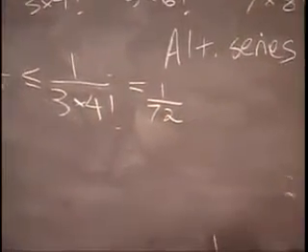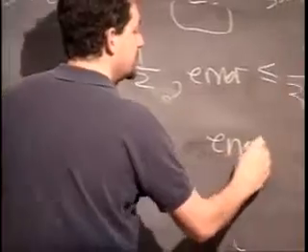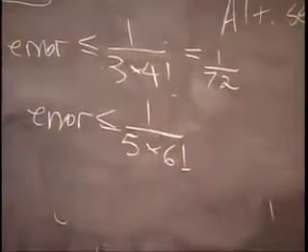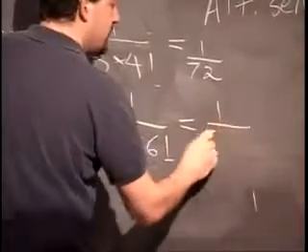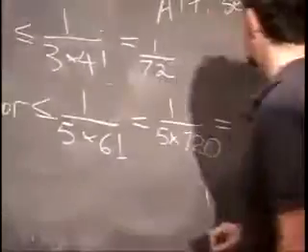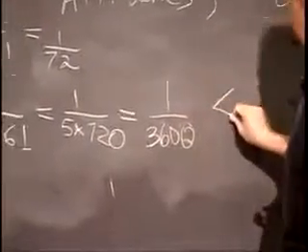Or we could use 1/2 minus 1 over 72 with an error less than or equal to 1 over 5 times 6 factorial, which is the next term. That is 1 over 5 times 720, which is equal to 1 over 3600, which is good enough.